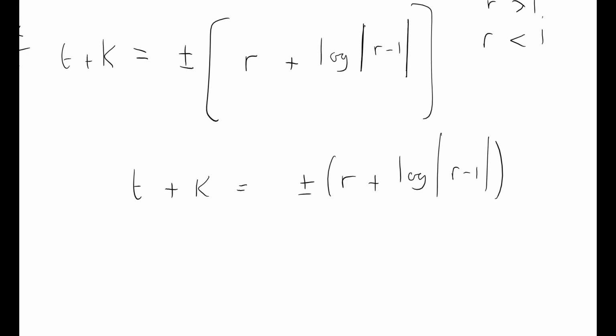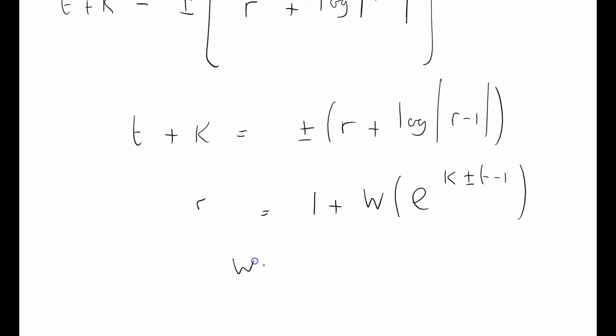Now, as it turns out, you can invert this formula quite easily. You can say that r equals 1, let me just write it out from my notes here, W of e to the, I'm using uppercase K, plus or minus t minus 1, where W equals the Lambert W function.